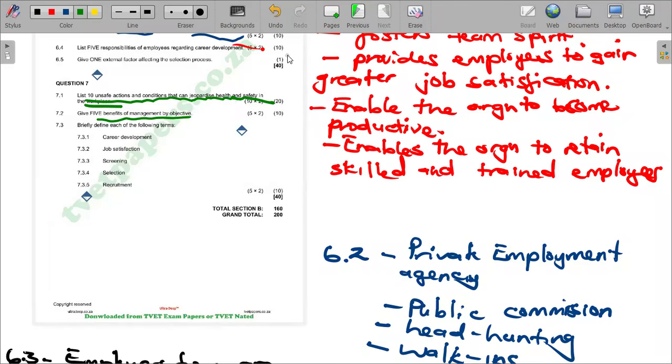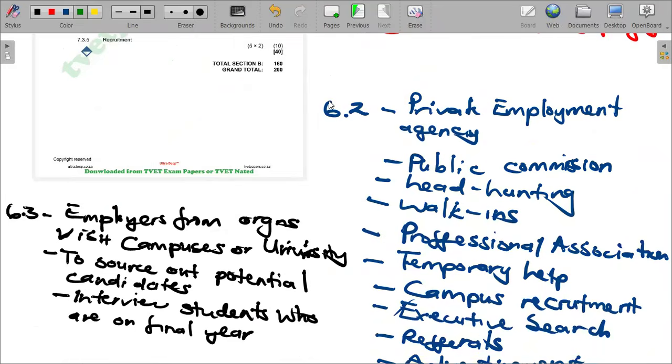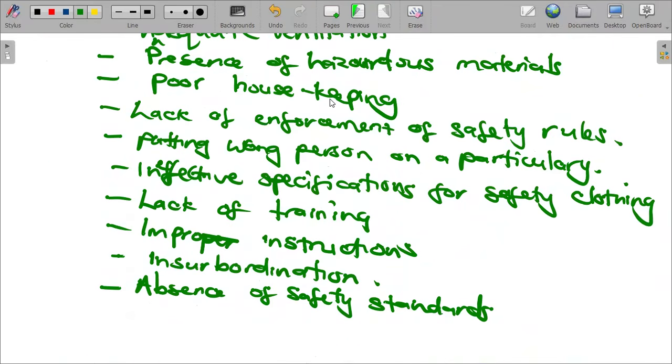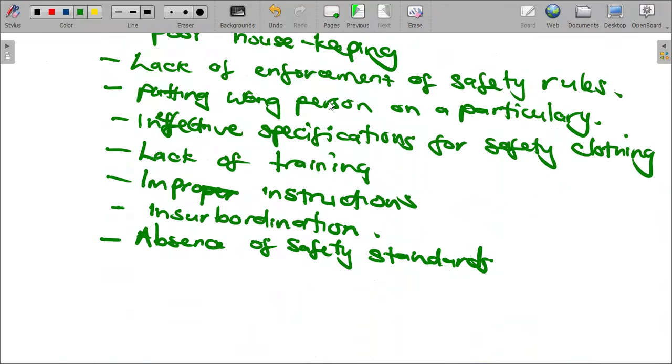Right. Management by objective is a job evaluation method whereby the employee and the immediate supervisor or manager meet and jointly discuss the goals and objectives of the job, right?